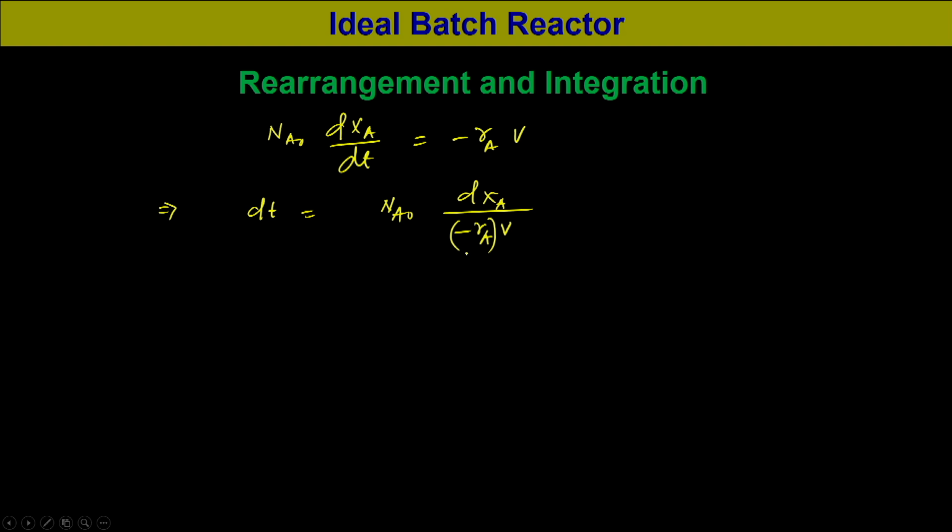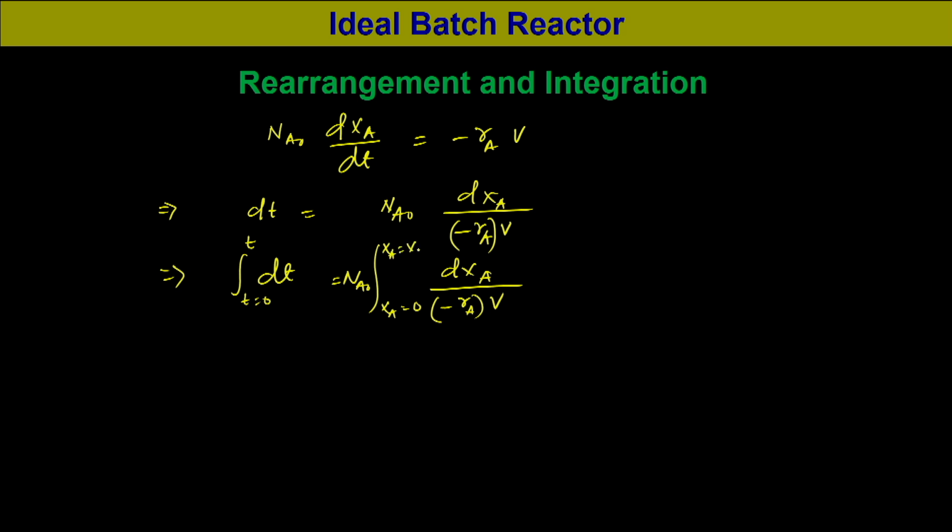Now if we integrate this, when t is equal to 0, XA is equal to 0, and when t is equal to t, XA is equal to XA.